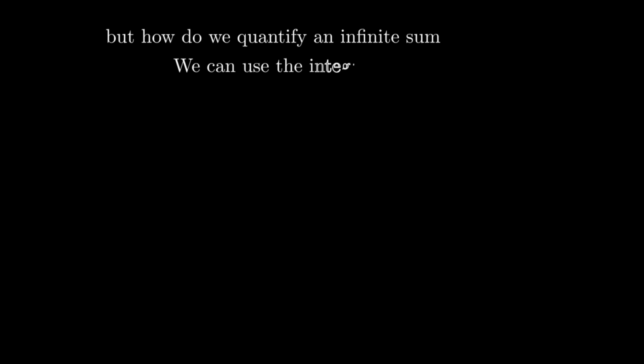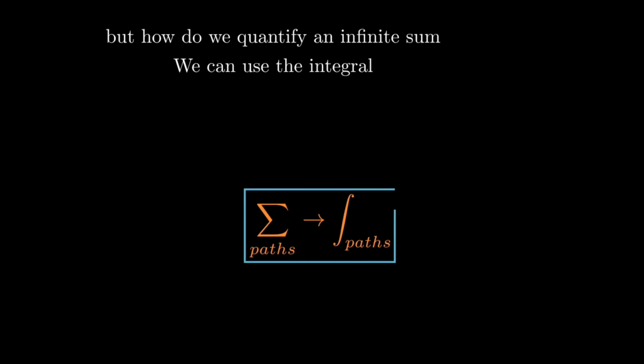We have to come up with the concept of the integral, because the integral helps us quantify an infinite sum. So the sum over infinite number of paths will converge to the concept of the integral, or actually it's the definition of the integral where we have an infinite number of things we sum upon. So the sum over paths that we talked about earlier, for example, in the context of the double-slit experiment, would now be an integral over all paths.